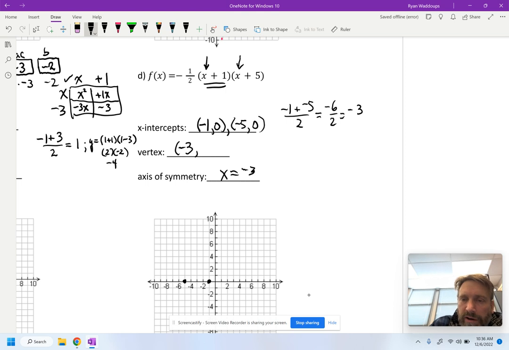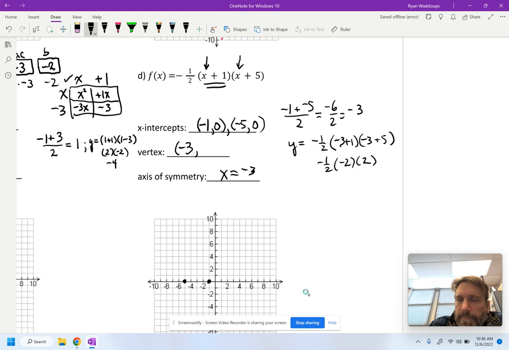And the y-coordinate, y equals negative 1/2 times negative 3 plus 1 times negative 3 plus 5. And that gives me negative 1/2 times negative 2 times positive 2.